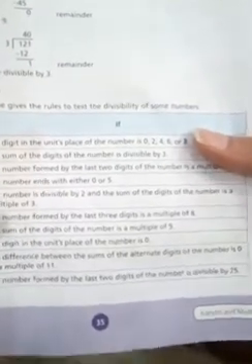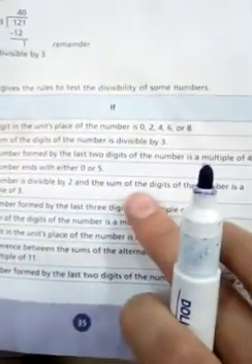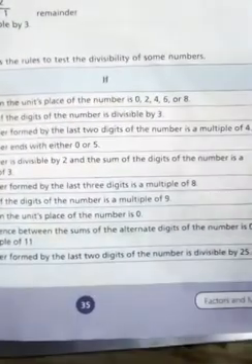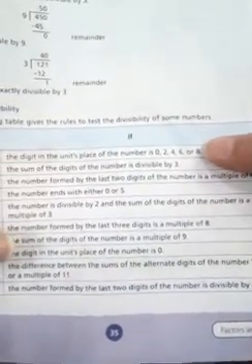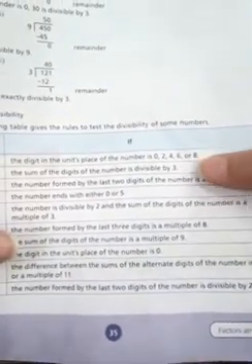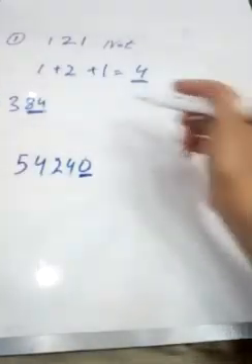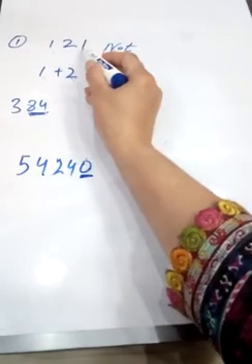The number is divisible by 2 and the sum of the digits of the number is a multiple of 3. It means that we have to apply the divisibility rules of both 2 and 3 for the divisibility test of 6. Suppose we have the number 121.